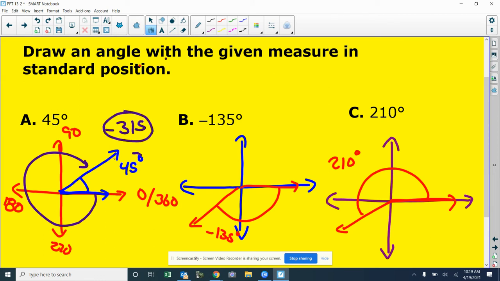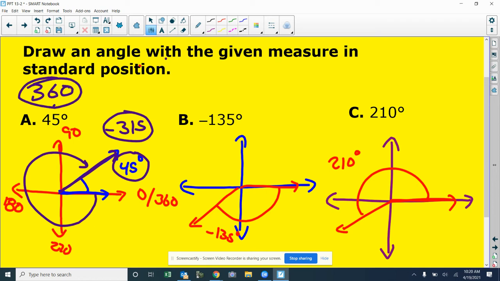So negative 315 and 45 share what? They share that terminal side. If they share something, they're called co-terminal. Co-terminal angles are 360 degrees apart.